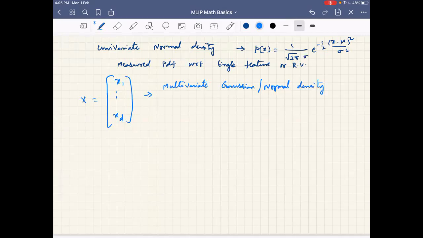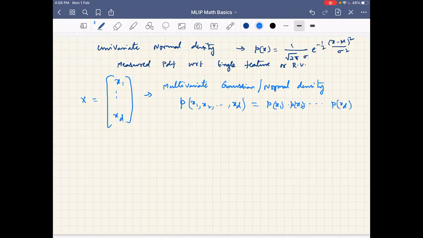If we want more features or more random variables, and we want to write the PDF, how do we write it? We need to write the joint PDF now, P of x1, x2, and so on up to xd. If we assume that these features are independent, then we can write P of x1 into P of x2 and so on into P of xd.